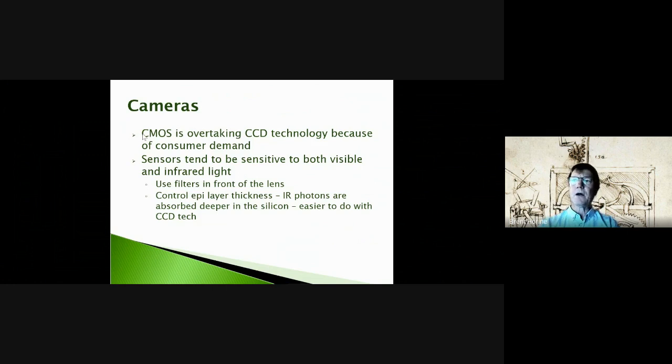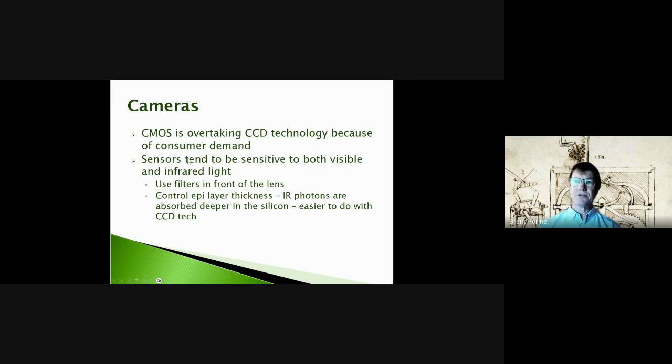So all that consumer demand has pushed a ton of engineering into making CMOS as good as what the technology can do, right? So even though maybe the case could be made that CCD technology is kind of inherently better, I'm not going to necessarily say that, but the fact that there's so much engineering effort going into CMOS that it's really catching up and overtaking that.